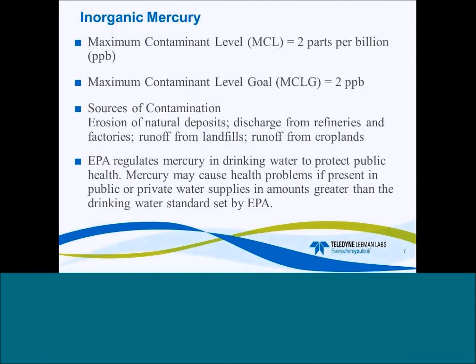For mercury, there are two levels that are important, the maximum contamination level and the maximum contaminant level goal. And for inorganic mercury, they are identical. They're both at 2 parts per billion.